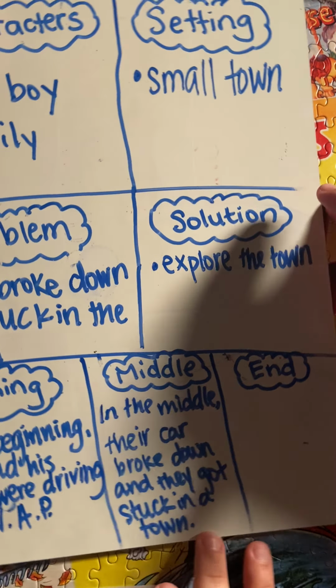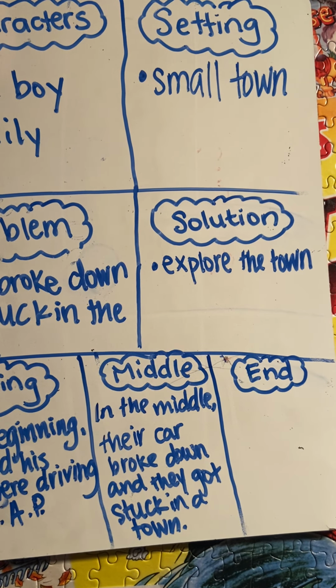So in the middle, we have our problem. We don't have to go into details, like we didn't have to say the mechanic couldn't find a battery and they didn't know what to do, so they decided to stay in a hotel. We just have to be very main idea about the middle, and that was their car broke down and they got stuck in a town.